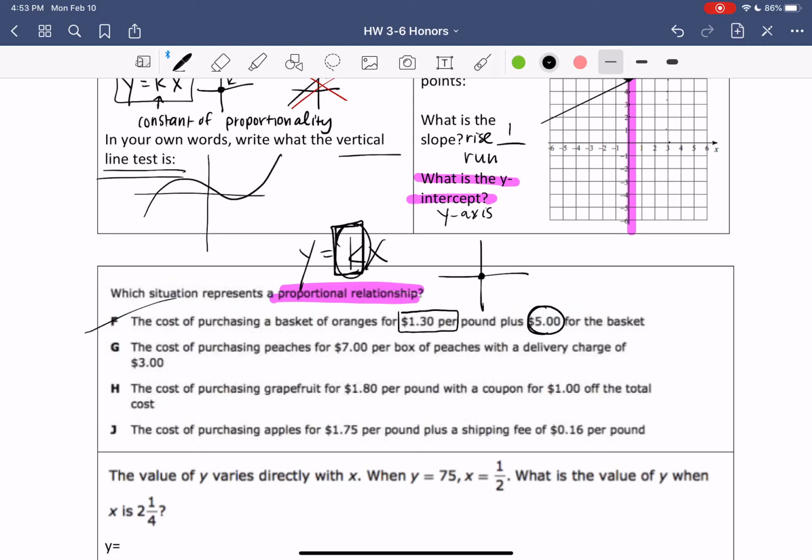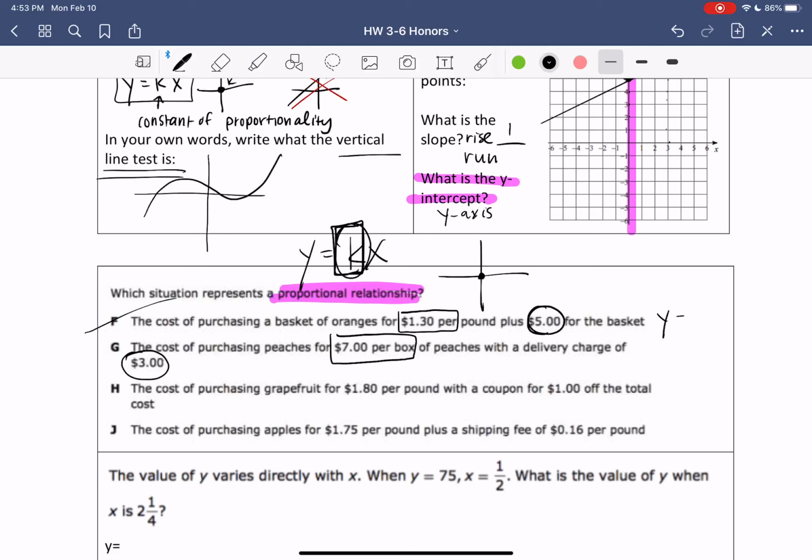The cost of purchasing peaches for $7 per box, with a delivery charge of $3. Even if I don't buy any boxes, I'm going to get a delivery charge of $3. So once again, we have that additional amount.